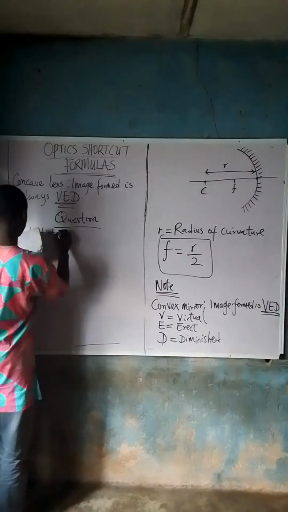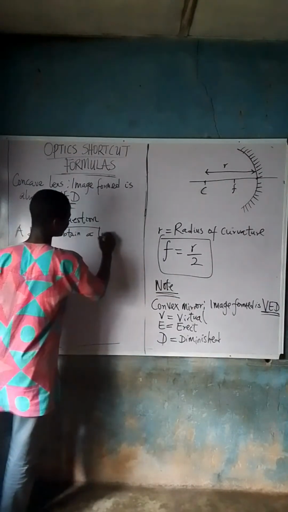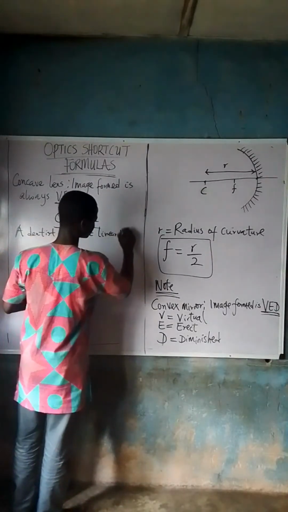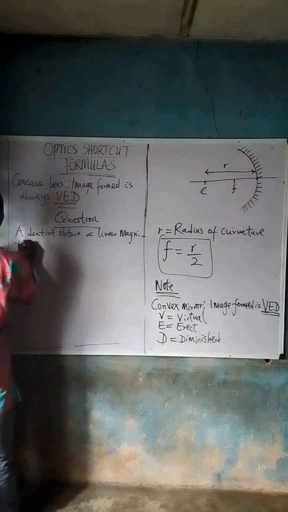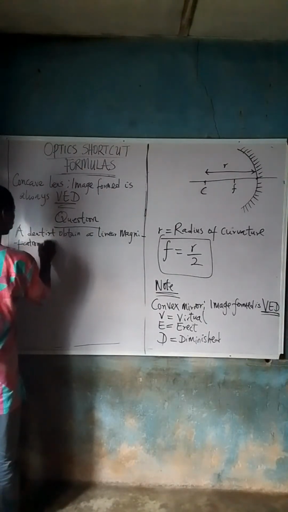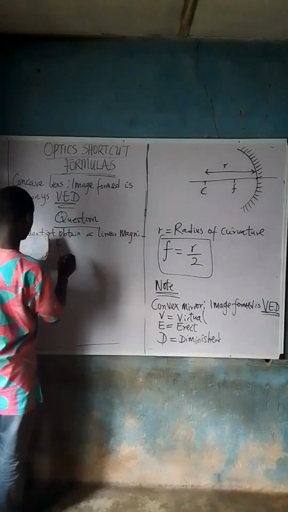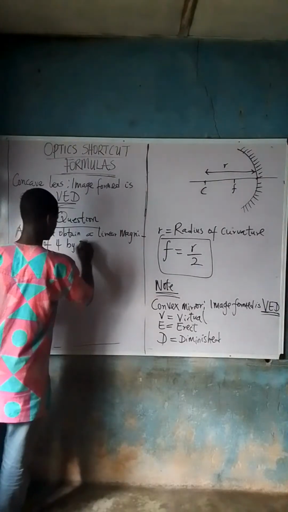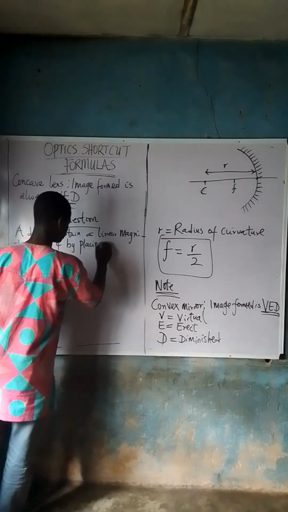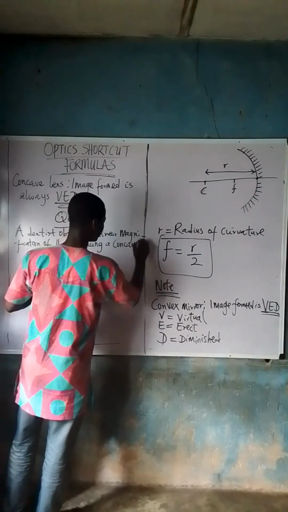A dentist obtained a linear magnification of 4 by placing a concave mirror. So we have seen a key point.